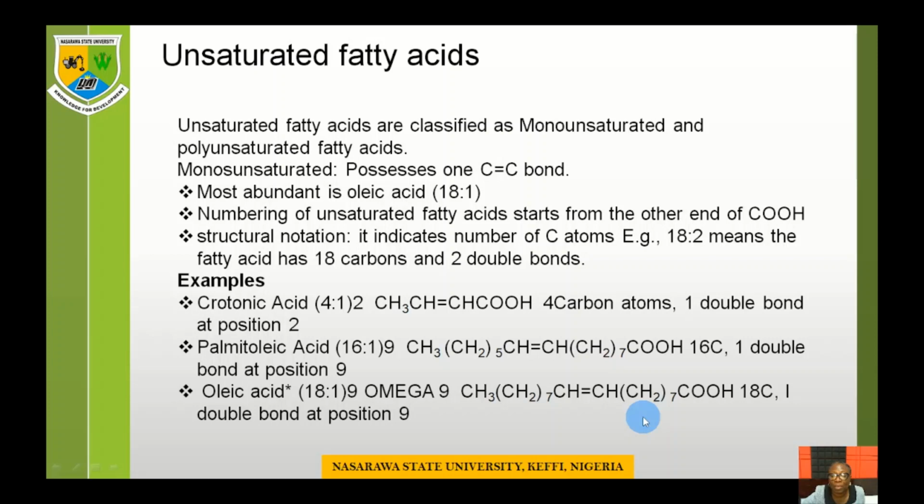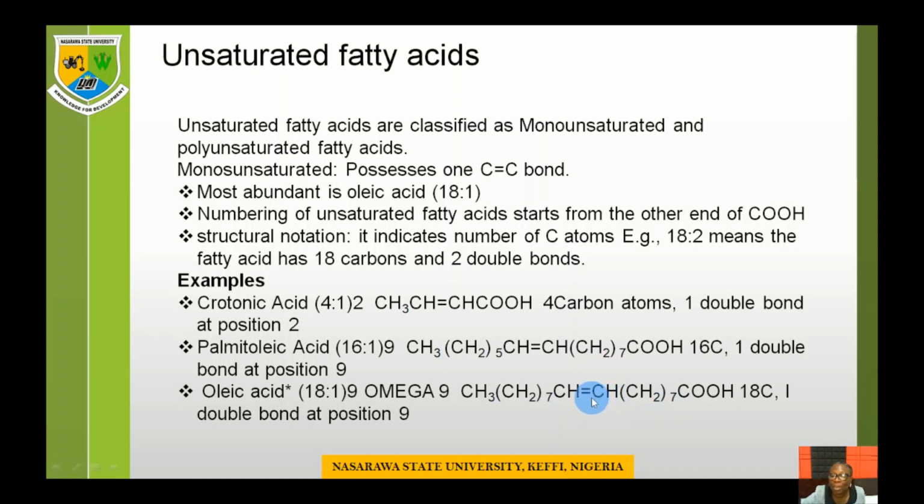Let me explain it again. You start numbering from the carboxylic end of the fatty acid. So the carboxyl carbon here will be 1. Then you have 7 of this group, so making 8, then plus 1 making 9.